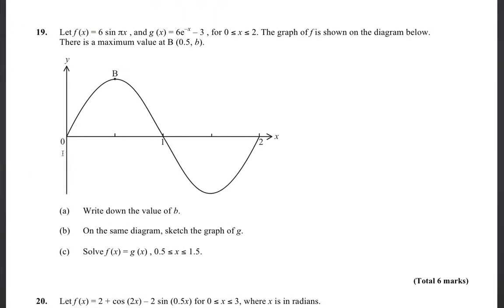Graph, 6 sine of bracket, shift pi, and then x, close the bracket. And the scale is x-axis 0 to 2, and I'll make the y-axis minus 6 to plus 6.